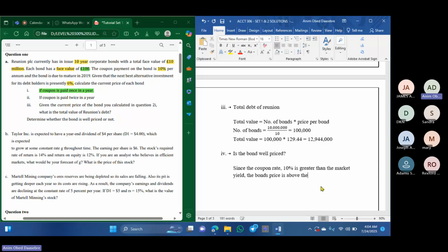The bond price, which is 129.44, is above the par. The market rate is 6%.